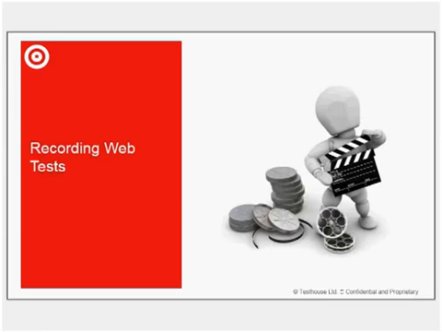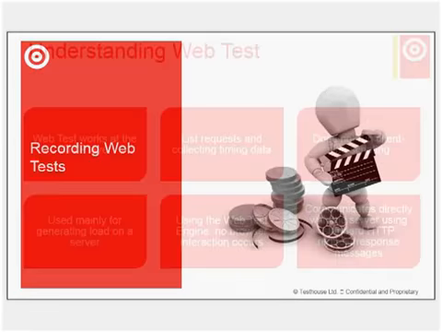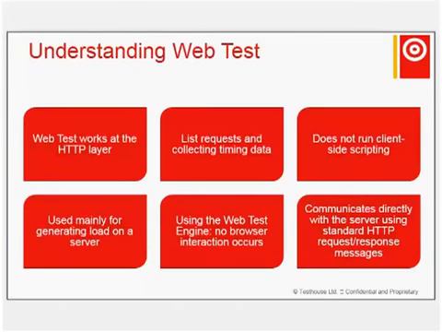So to start off with, recording web tests. One of the important things to understand is how HTTP works. Essentially, HTTP is a text transfer protocol. It's an internet protocol that works essentially with text. So essentially all it is, you send this bit of text to this URL, and it might send this bit of text back. Now normally these pieces of text are HTML files and just simple requests.